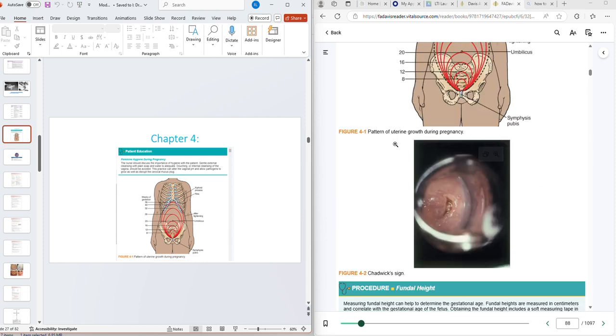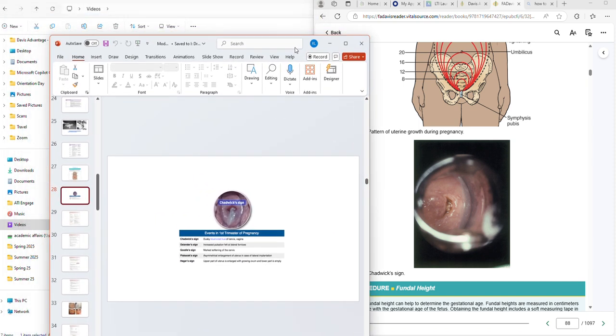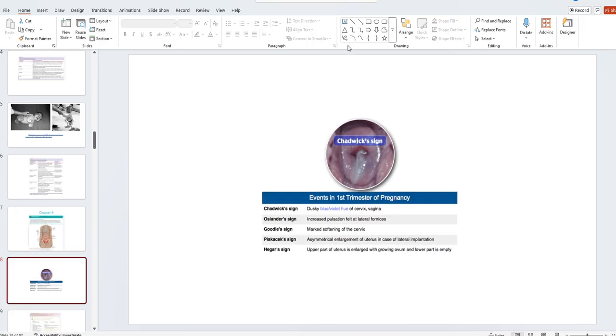All right, so now let's look at the Chadwick sign, and I have a better picture of it over here. I wish I could blow this up to make it a little bit bigger. Let's see if I can do this. There we go. All right, so the events in the first trimester: you have what's called the Chadwick sign, and that's when the cervix is visibly a blue color.